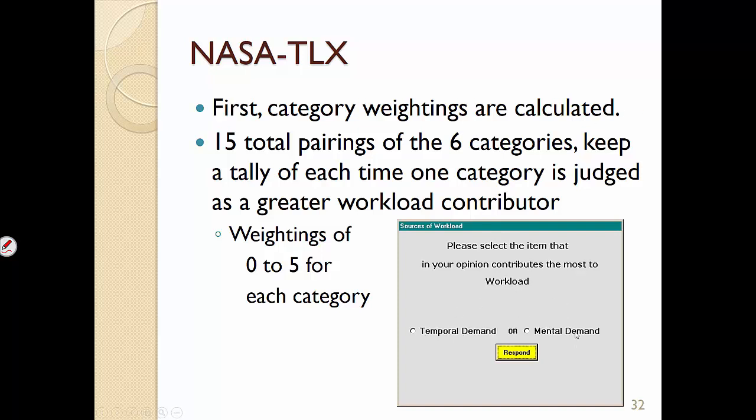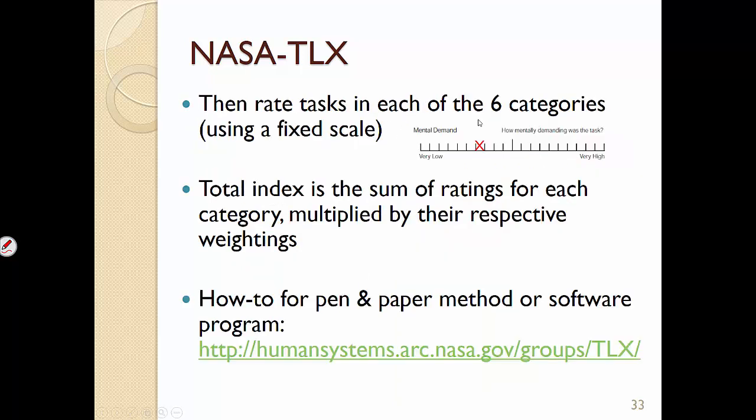And you do pairwise comparisons. There are these 6 categories, so there are 15 total pairings of them. If you answer this question 15 times, with each pairing, you end up with a tally for each one that wins, and then you count up those tallies, and you have a weighting of 0 to 5 for each of these dimensions. Then you simply multiply this by the rating value.